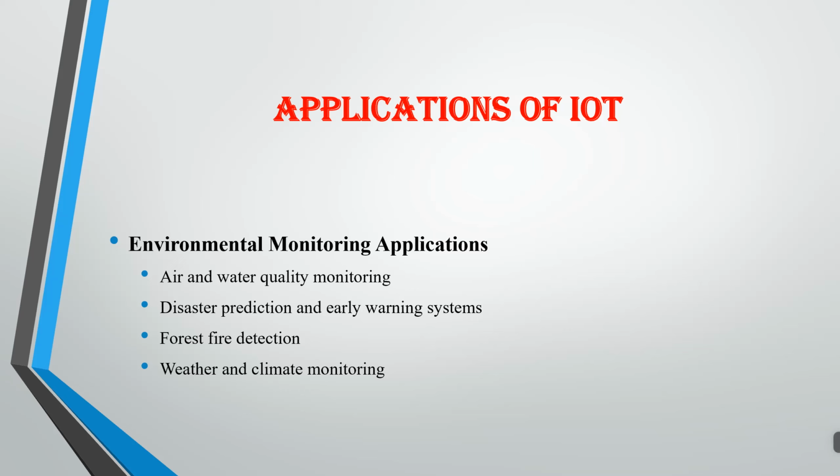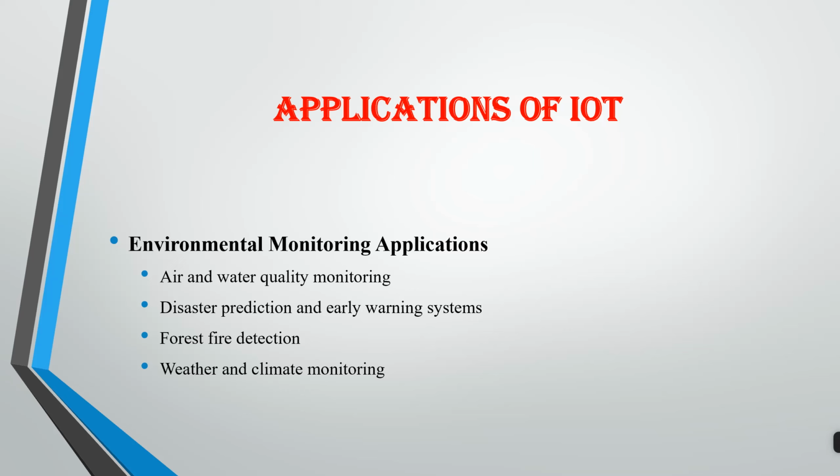So an early warning system is very essential, and we have a lot of scope for early warning systems for disaster management. Then forest fire detection is one of the major challenges for the forest department, because due to the increased temperature, fire in the middle of the forest is quite common.